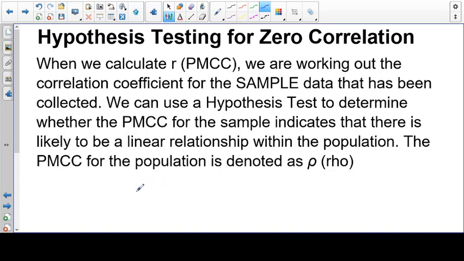Okay, so when you write it down, please emphasize the slope and the curve, because the P you use for the binomial distribution from Year 1 is the letter P. So it can't look like a P, because that's the probability. It's got to definitely look like a rho. So that letter rho is denoting the PMCC for a population, and the R is the PMCC for the sample.